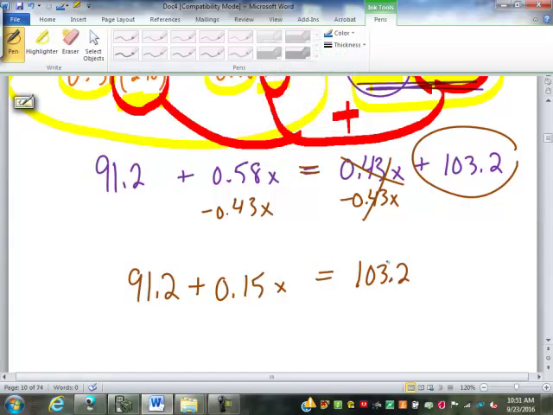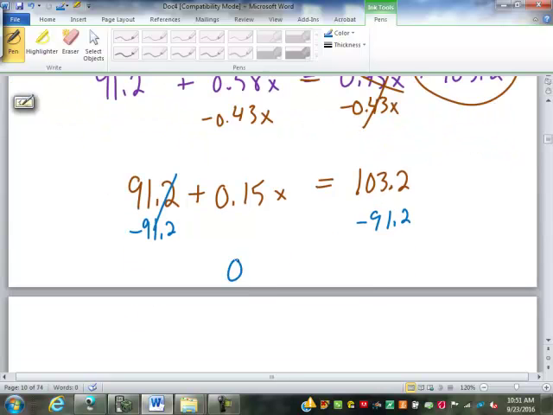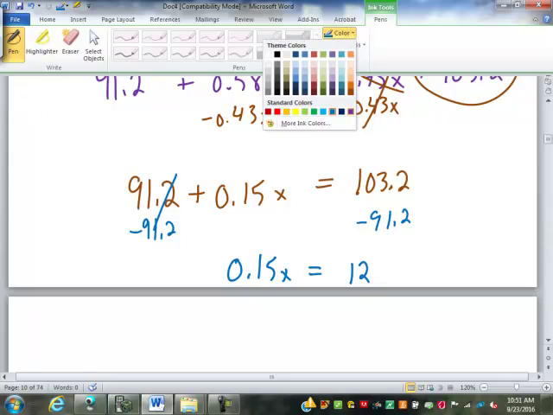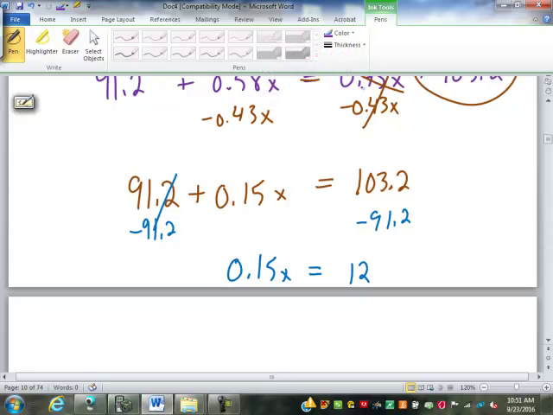Now this is just a two-step equation, so we're going to solve for x by subtracting 91.2. So 0.15x equals 12. And we divide by 0.15.